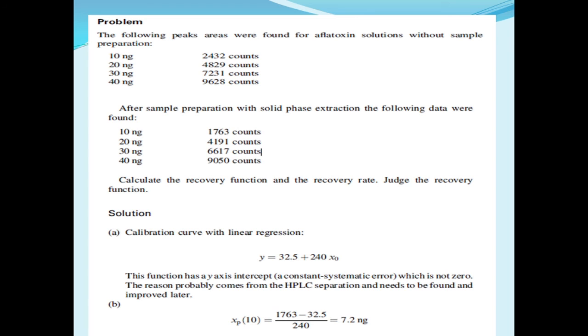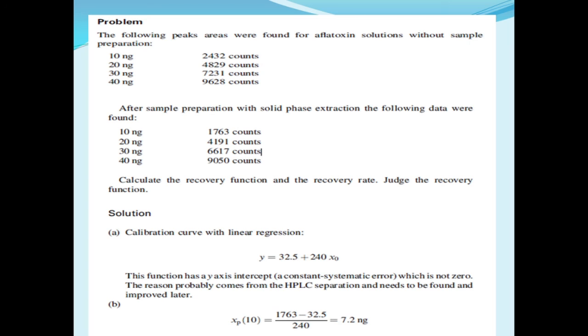Analogously, the following data are found. Xp for the 20 nanogram sample is 17.3 nanogram, for the 30 nanogram sample 27.4 nanogram, and for the 40 nanogram sample 37.6 nanogram.